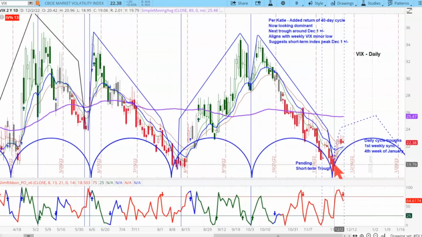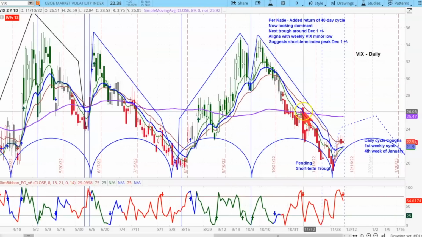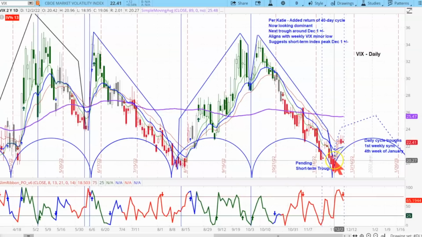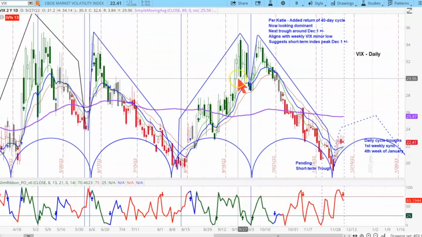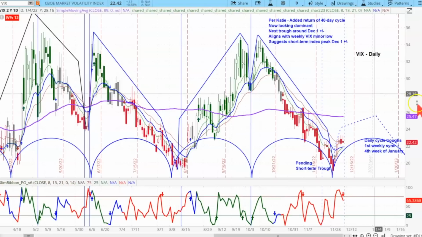Now remember, VIX is inversely correlated to the stock market. So as the stock market rallied, implied volatilities came down, as you can see right in here. Here's where implied volatilities were going up and the stock market was declining. This is all about the demand for puts, or the demand for insurance on portfolios. That's why the VIX moves inverse to the stock market.